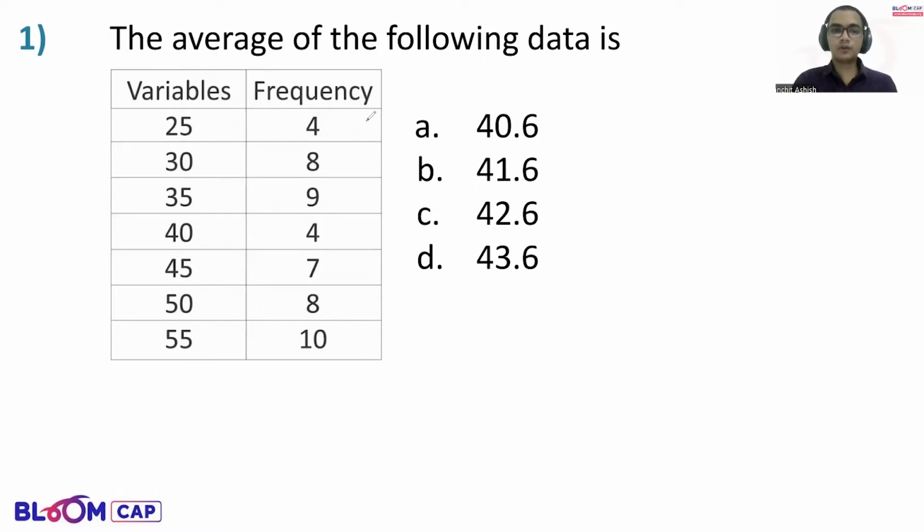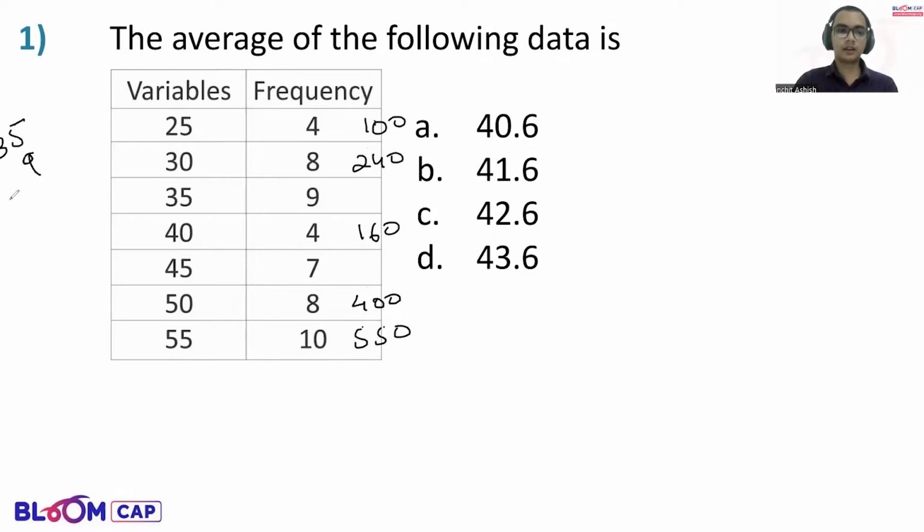So 25 into 4 becomes 100, 30 into 8 becomes 240, 35 into 9 will come to this, 40 into 4 is 160, sorry. We'll come to 45 into 7. 8 into 50 is 400, and 55 into 10 is 550.